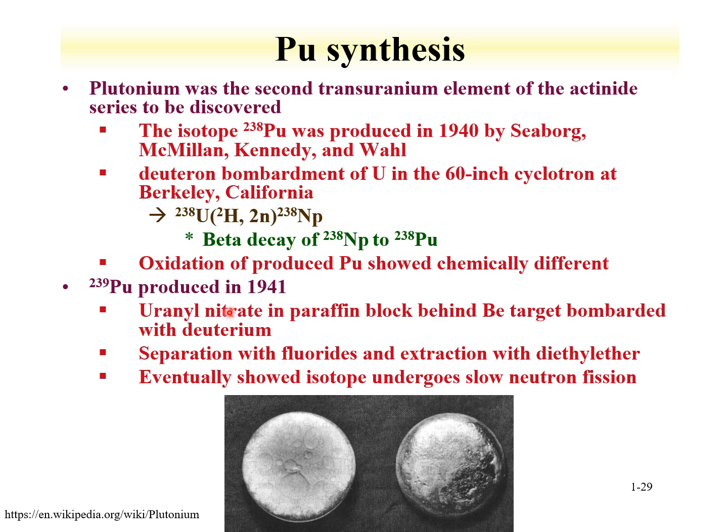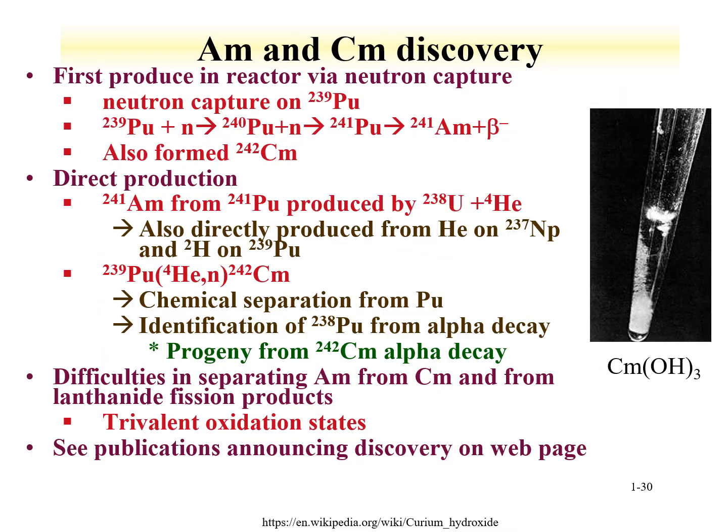That would decay to neptunium-239, and that would decay to plutonium-239. There was a separation with fluorides and extraction with diethyl ether, and they showed that, like uranium-235, plutonium-239 would undergo fission with slow neutrons. And for this work, Glenn Seaborg and others were awarded the Nobel Prize.